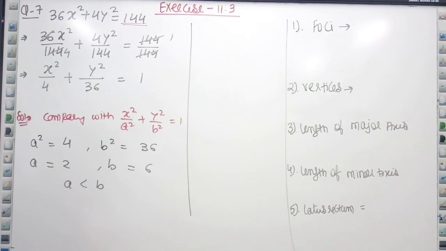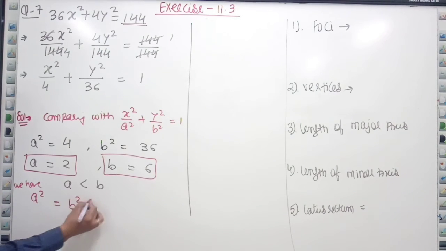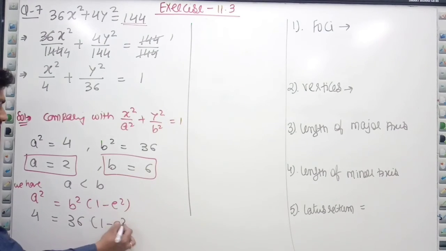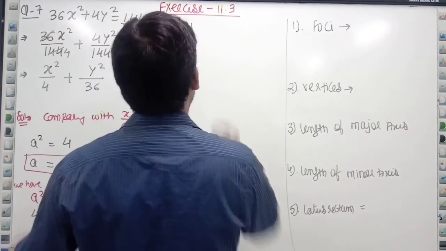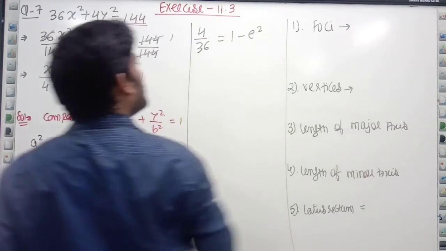The third thing that I calculate after a and b, the value of eccentricity, right? What we have formula, a square equal to b square into 1 minus e square. What is a square? 4, b square 36, 1 minus e square. So 4 by 36, 1 minus e square.